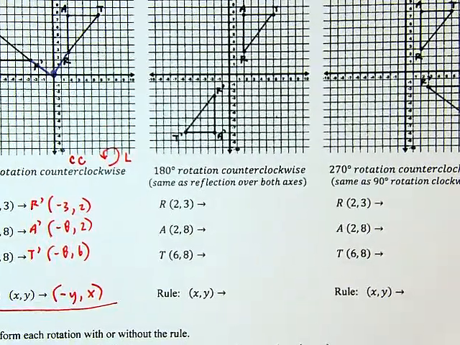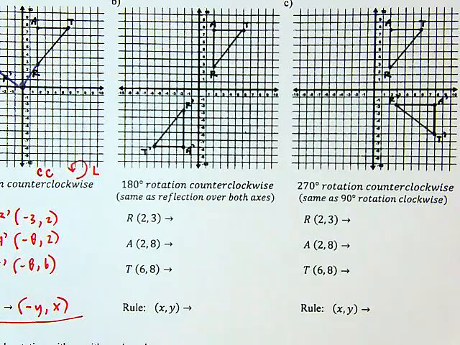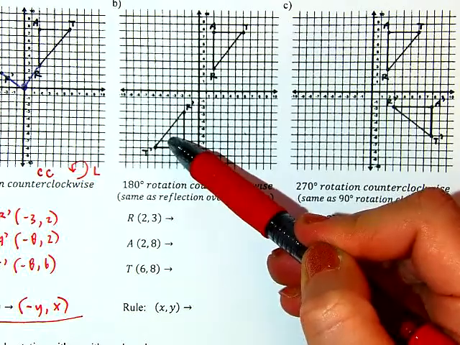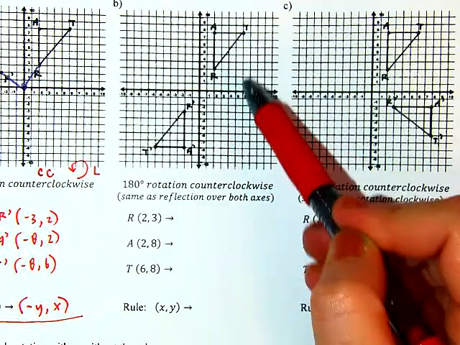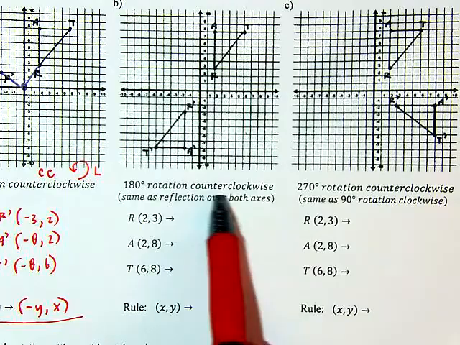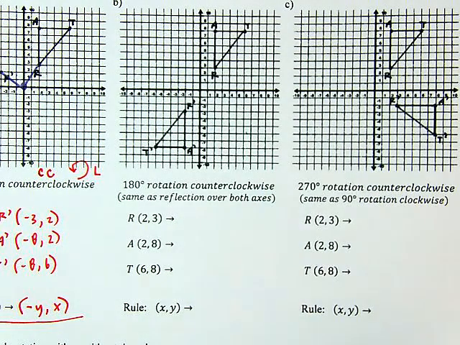All right, let's look at the next one. So here we're looking at a 180 rotation counterclockwise. So I want you to think about that for a moment. If I rotate this against the clock 180, and if I rotate it 180 with the clock, right, it's going to land in the same spot. So it really doesn't matter what direction I tell you. It would be the same if it was clockwise.